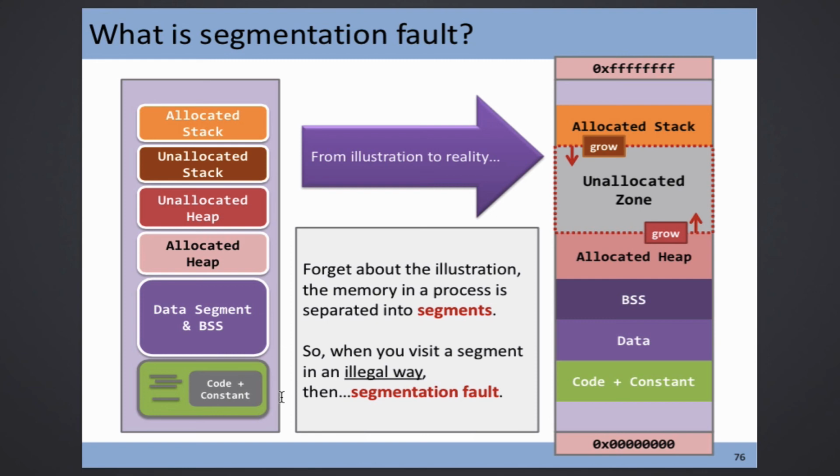After data, there is usually no gap between BSS and data. No gaps after BSS and heap, unless you never call malloc, then you won't have this allocated heap block, but always an allocated stack. And this area will be shared by the stack and the heap, and they will grow together.